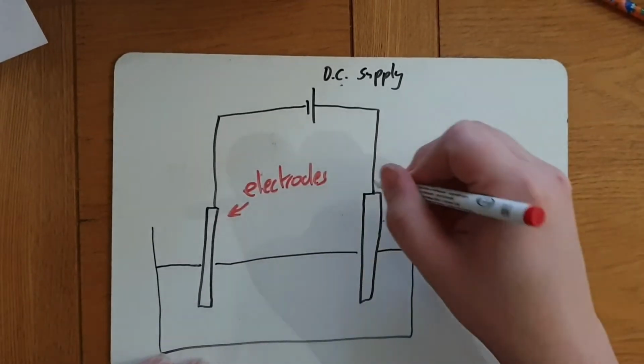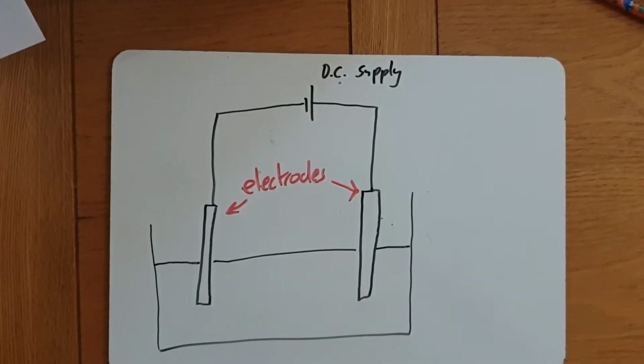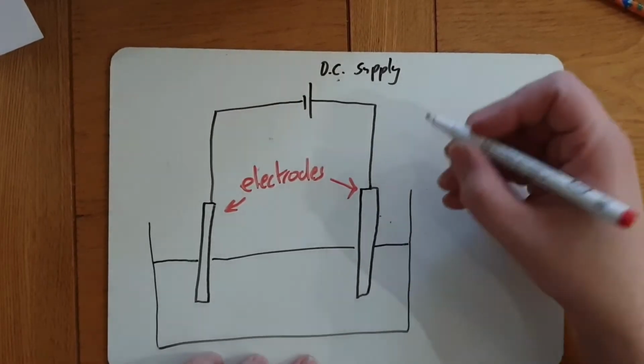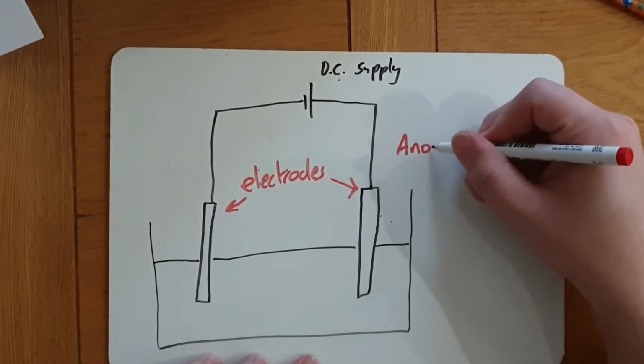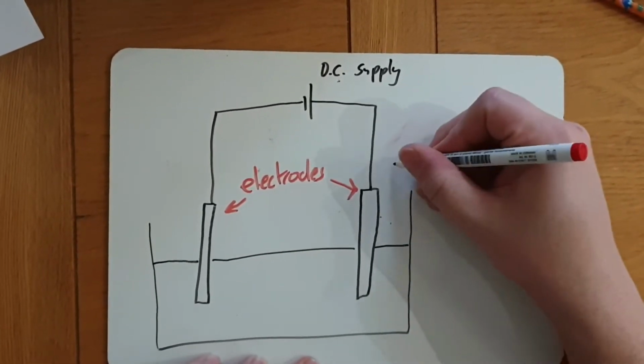So that's an electrode and that is an electrode. Now one of these electrodes is going to be positive and one of them is going to be negative. Let's just do this one here. I'm just going to write positive electrode at the moment.